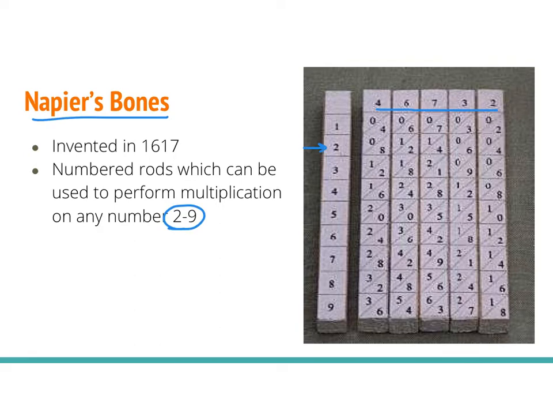So if we want to multiply 46,732 by 2, we go through and we add together the numbers that are together in diagonal columns. So what you'll notice here is that on the 2 column, so we're focusing here in this block, we're going to add together the numbers in a diagonal. So we have 8 plus 1, which is 9, 2 plus 1, which is 3, 4 plus 0, which is 4, 6 plus 0, which is 6, and 4 to end the number.